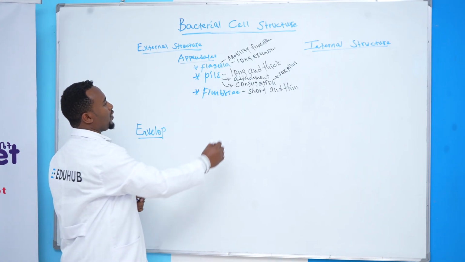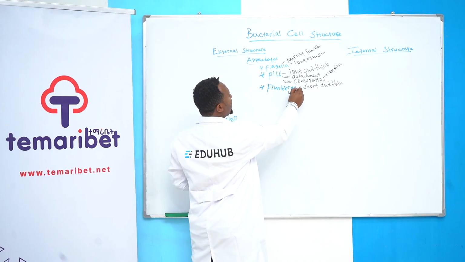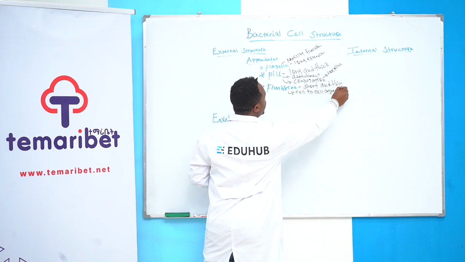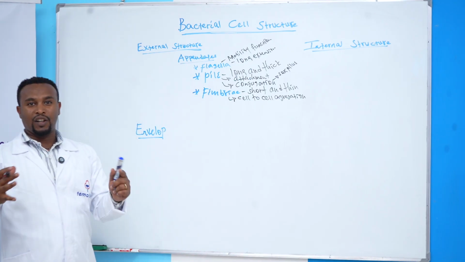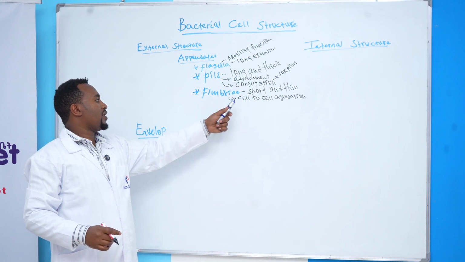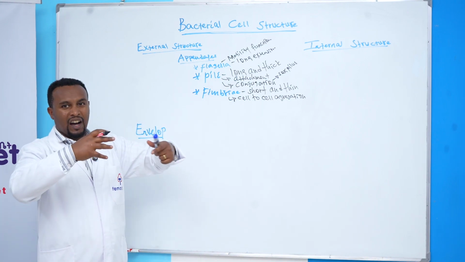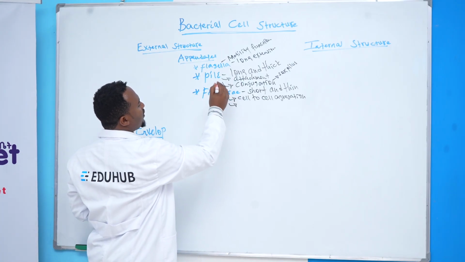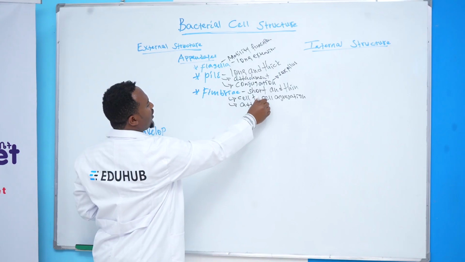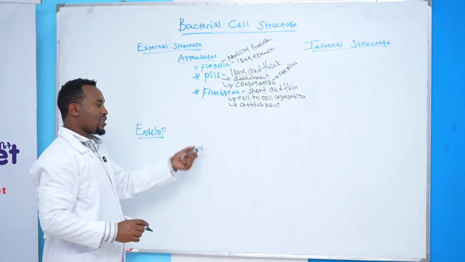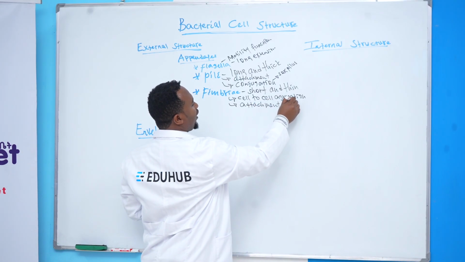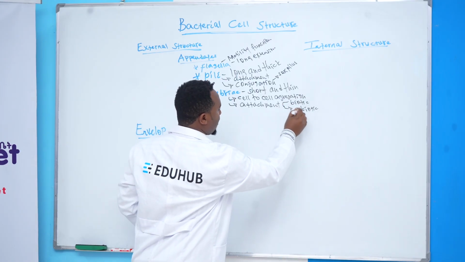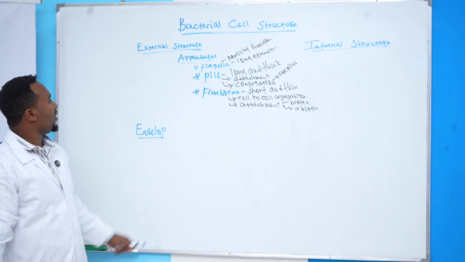The Fimbriae is also important for forming cell-to-cell aggregation, since some bacteria live in colonies. It is also important for attachment to the host, or to a biotic or abiotic surface, like a rock or other surfaces.